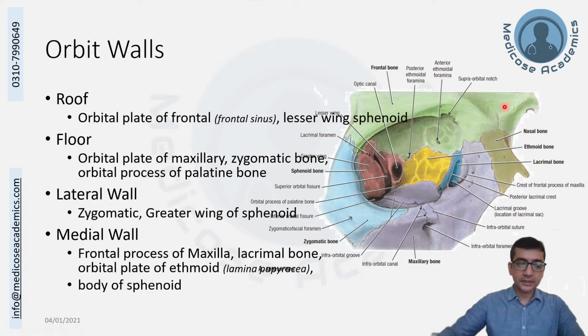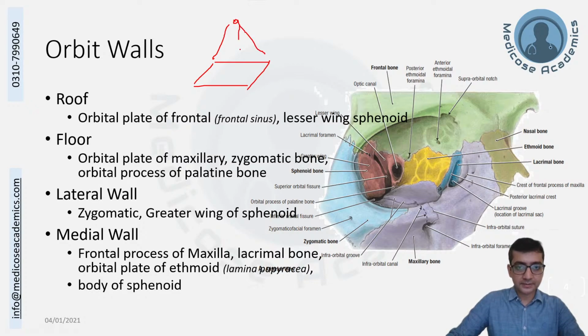These are the orbits. Let's look at the walls. It is easy to think of an orbit as a tipped over pyramid. Usually the pyramid is like this. There is a base there and there are walls that are going to the apex like this.